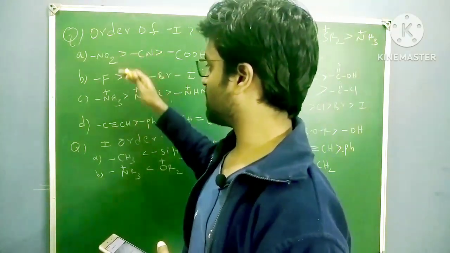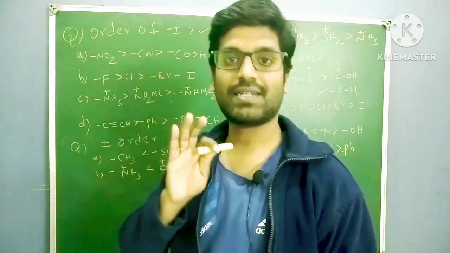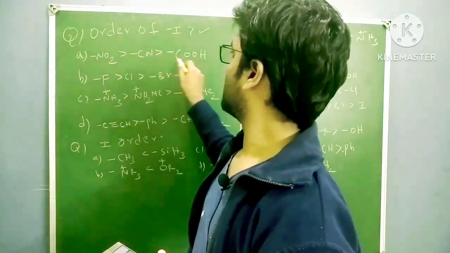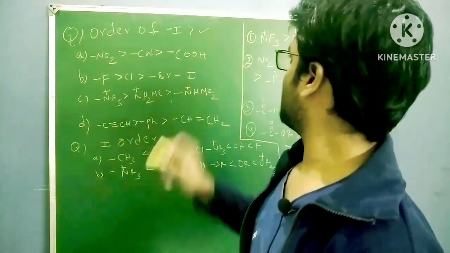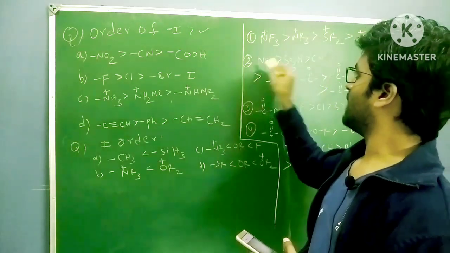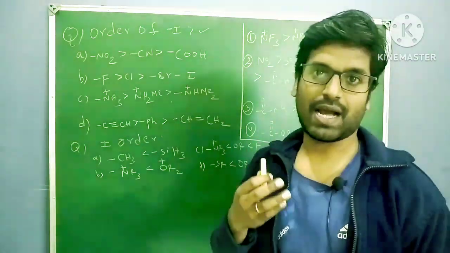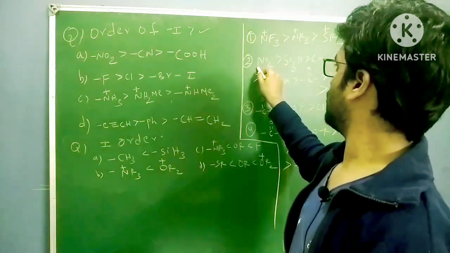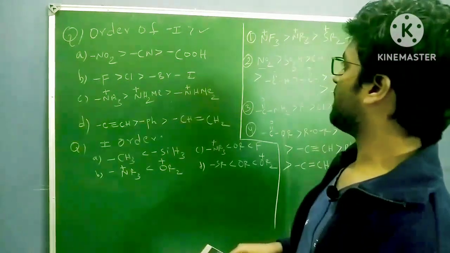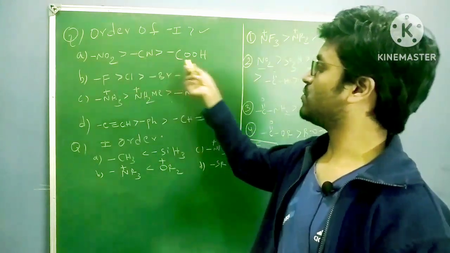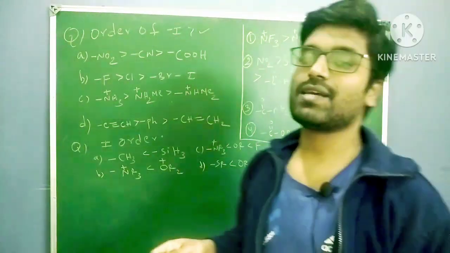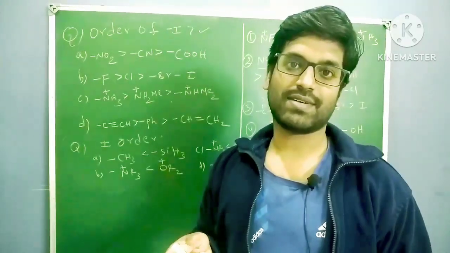First of all, I will explain this question using the trick. NO2, CN, COOH. Second trick you have to use. Here NO2 means note. I have given this trick already: note, South Hyderabad. First of all, we have to know whether these 3 groups are minus I groups or plus I groups.